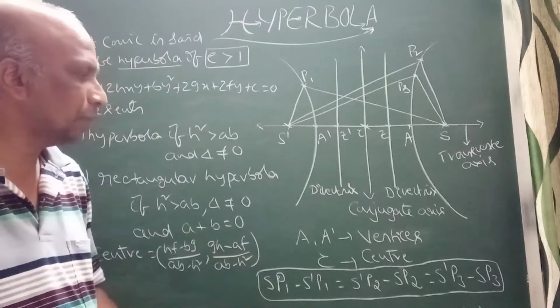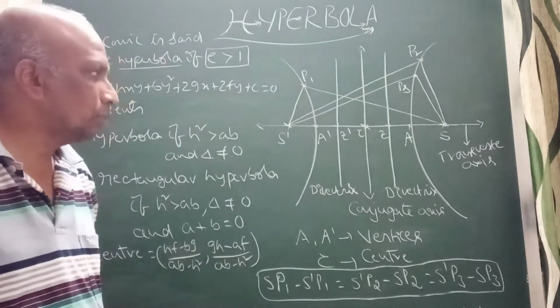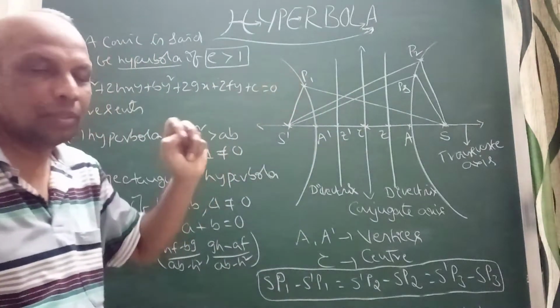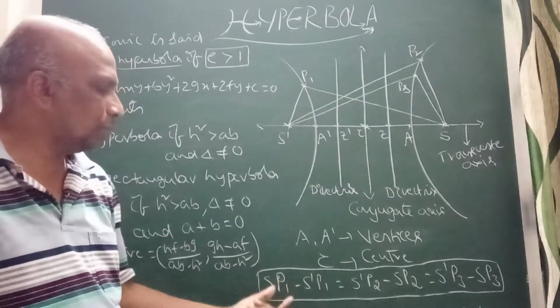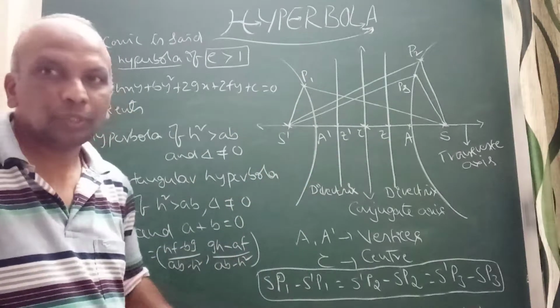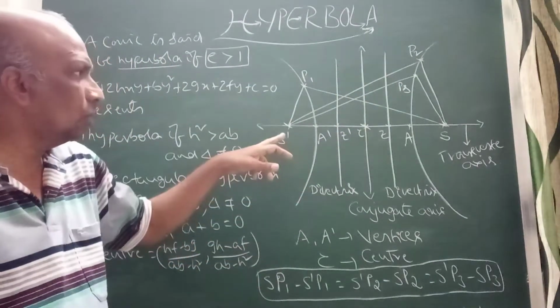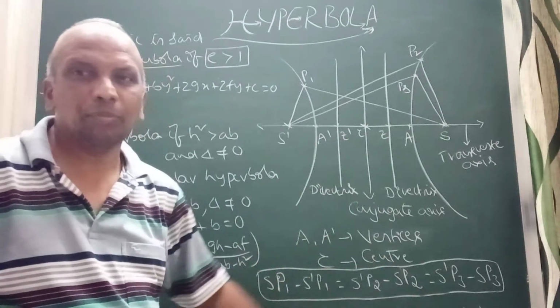Then what they observe in this hyperbola: you take any point in the hyperbola, let it be point P1. The distance SP1 minus S dash P1 is equal to, if you take a point P2, S dash P2 minus SP2, which will be the same.